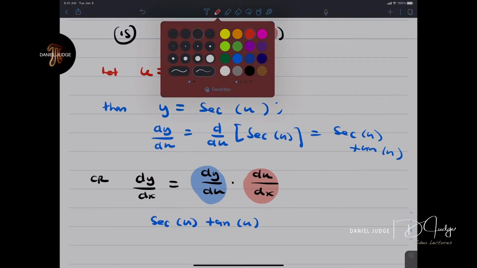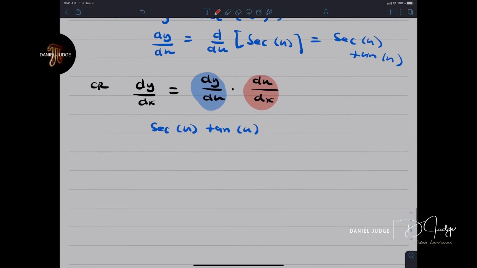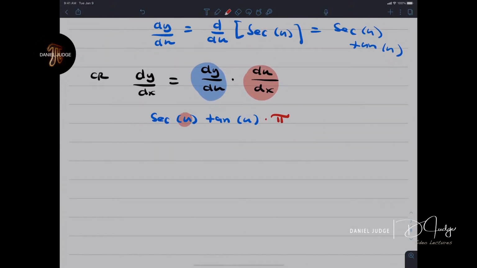Du dx becomes d dx, the constant pi times x, and that derivative is pi. So this is going to be times the constant pi. Don't forget that u is pi x. So in this u and this u, we replace it with pi x.